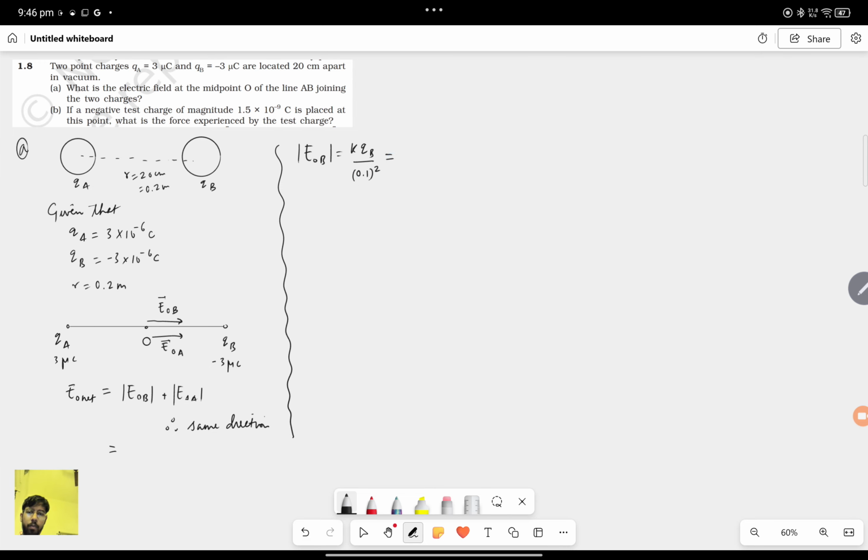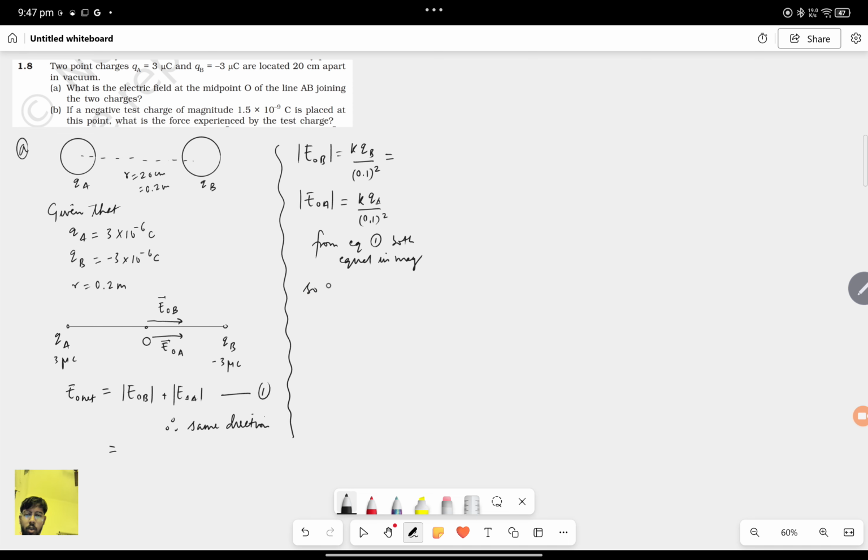And that is equal to 9 into 10 to the power 9. Actually, both are going to be the same, so we are going to multiply it by 2 for ease of calculation. So K QA by 0.1 square, right? QA and QB are going to be the same, as we have seen from equation 1, both are equal in magnitude.